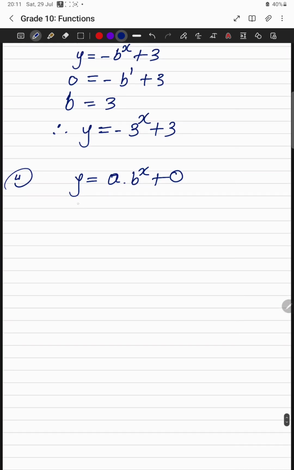So it's going to be 3 equals a times b to the power 0. I don't want to waste time dropping 0 there. So we're going to have 3 is equal to a times, and any number raised to the power 0 is 1. So that means the value of a is 3.